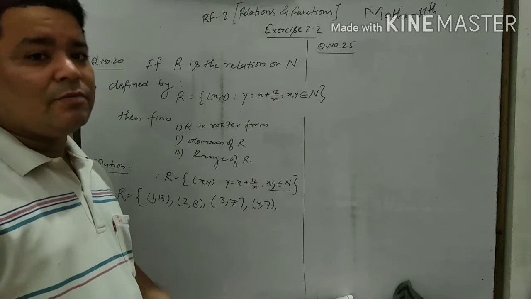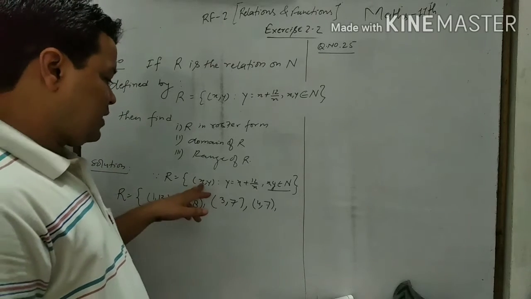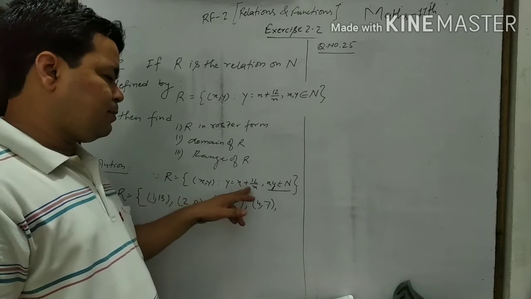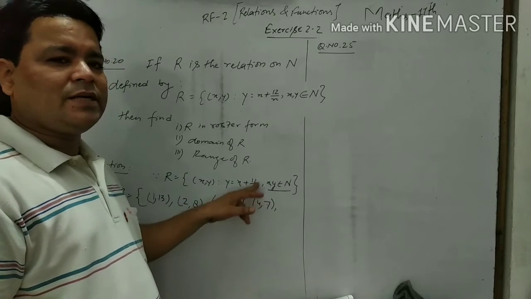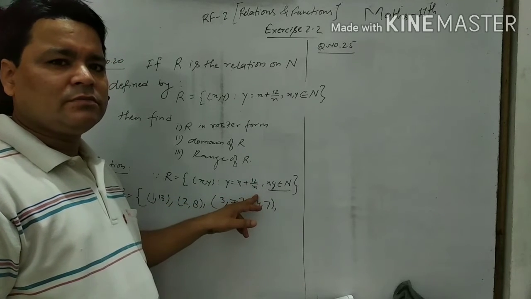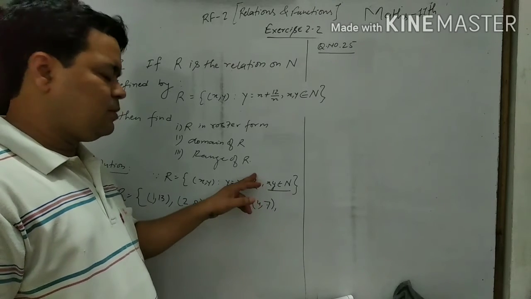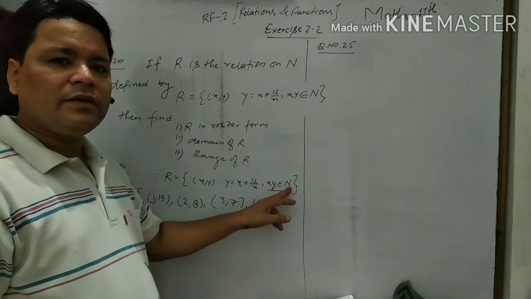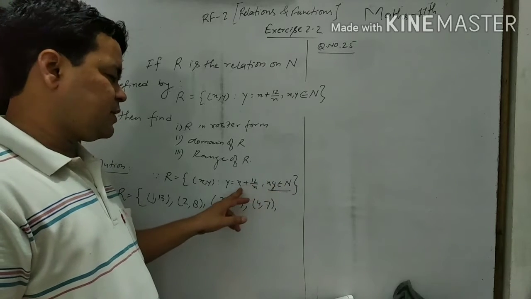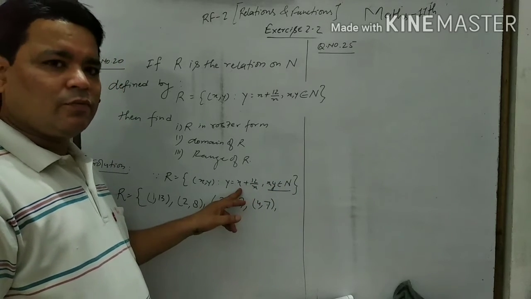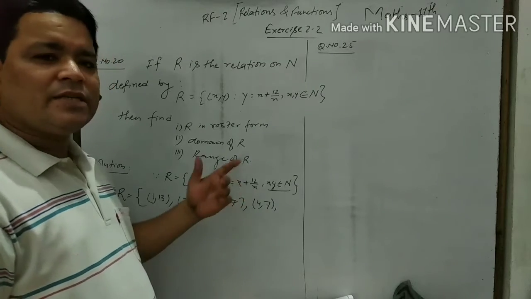If we take 5, it will be 5 + 12/5, and 12/5 will be a decimal. The total value will be a decimal, which is not a natural number. Therefore, we cannot take x as 5.